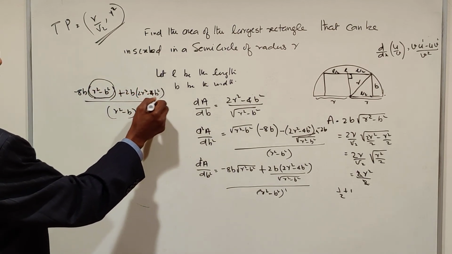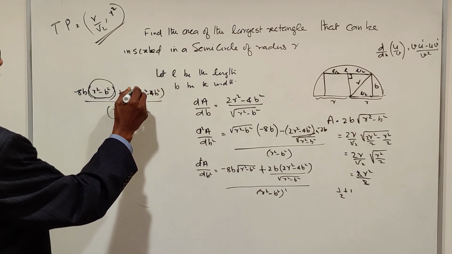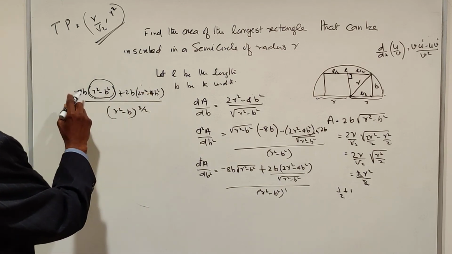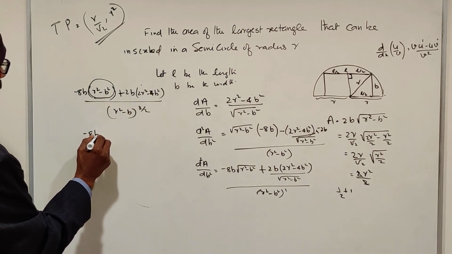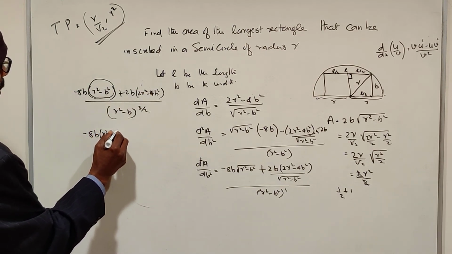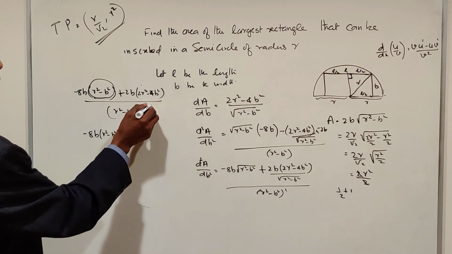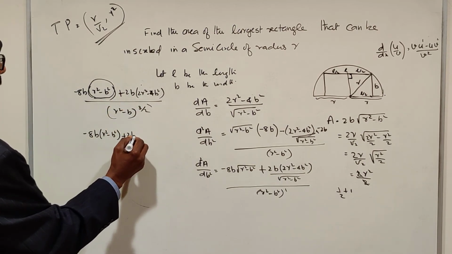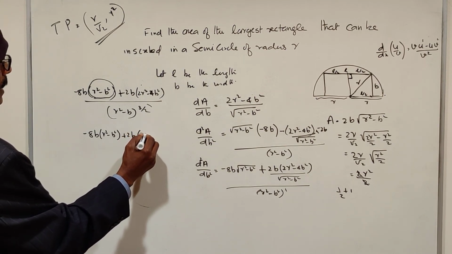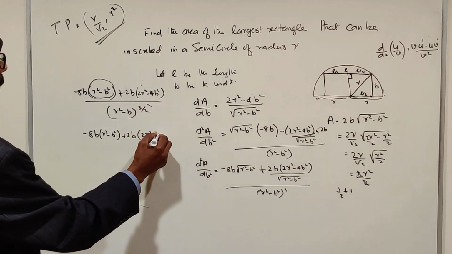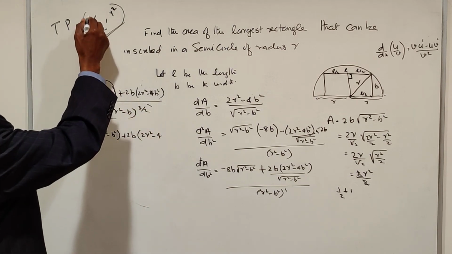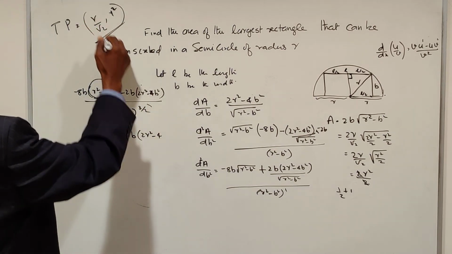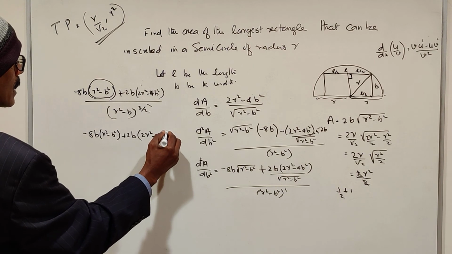So, see, this one is positive. We don't know whether this one is positive or negative. We need to show that this one is also positive. Minus 8b into (r² − b²) plus 2b into 2r² minus 4 into b². What is b? b is r by root 2. b² is r² by 2.